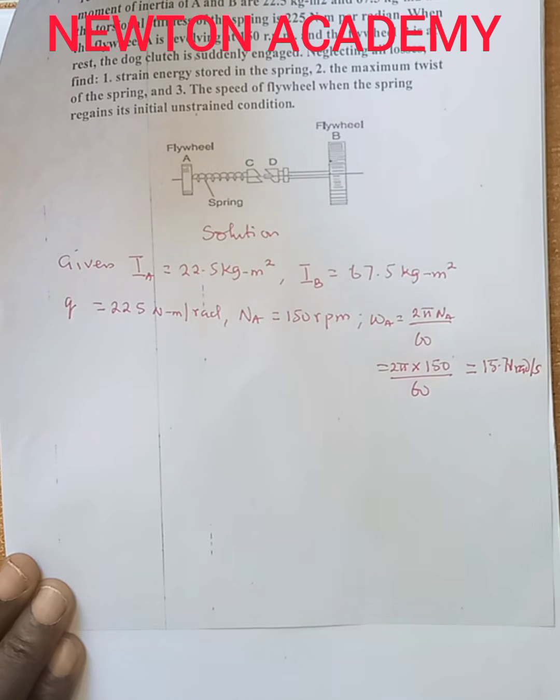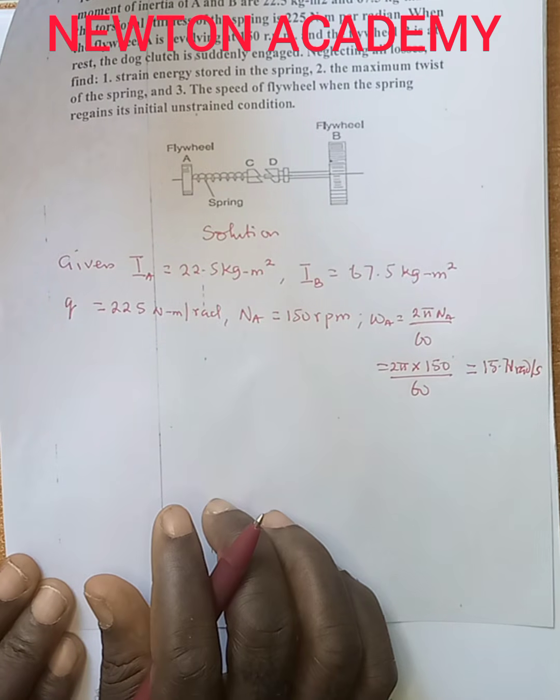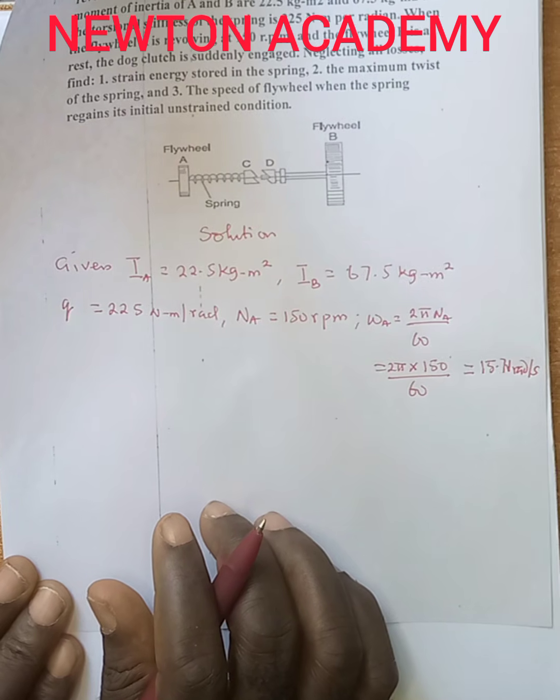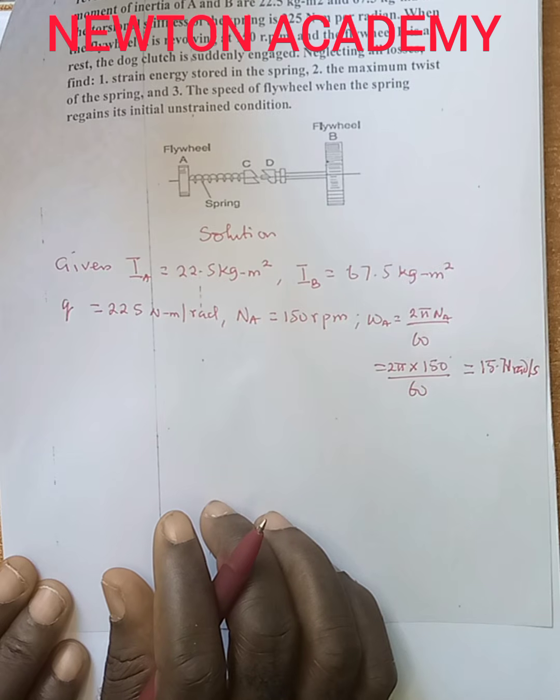Now, you know that immediately after the clutch is engaged, the element C of the clutch comes to rest momentarily, but the rotating flywheel A starts to wind up the spring, and this causes equal and opposite torques to act on flywheels A and B. The magnitude of the torque increases continuously until the speeds of wheels A and B are equal.